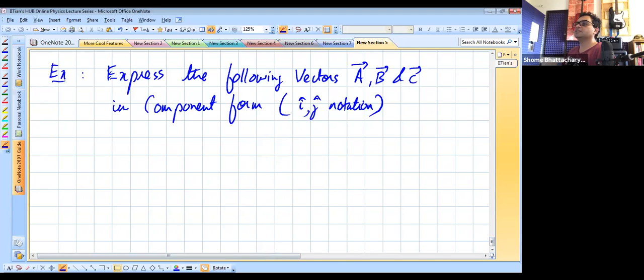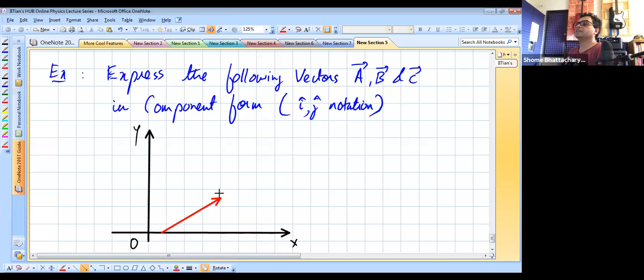So now the information that is given to me is in terms of geometry. Let's say with respect to some coordinate frame, these are my vectors.